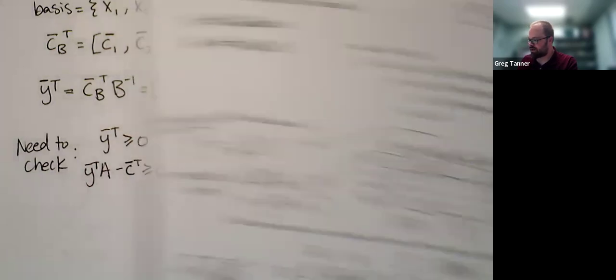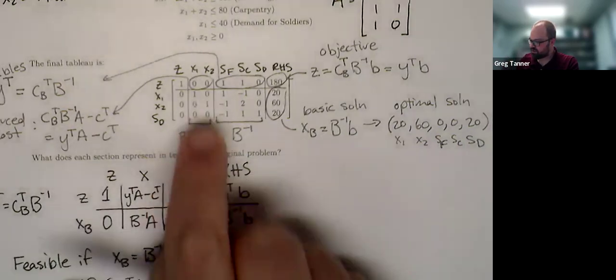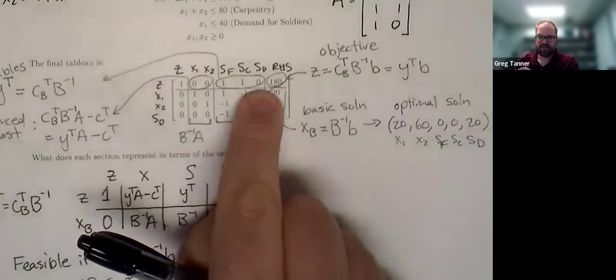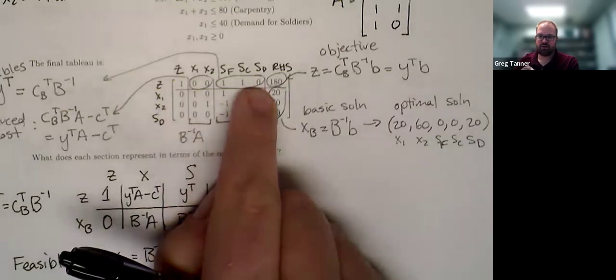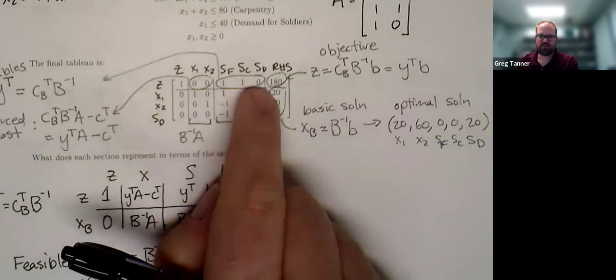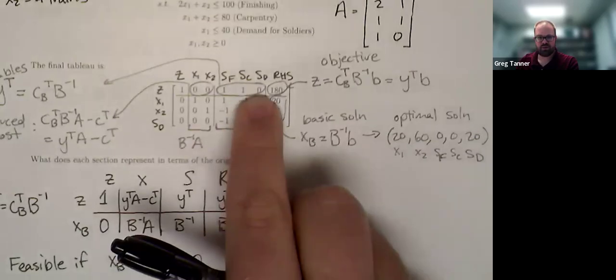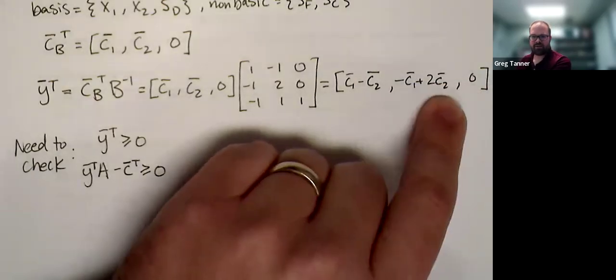Now, there is a nice thing about this in that we don't actually have to check all of them. We only have to check the ones corresponding to non-basic variables, because the ones corresponding to basic variables, if you do check them, are going to end up perfectly equal to 0. In this case, SD is a basic variable, and we already saw that no matter what we do to change C1 and C2, that third dual variable is locked in at 0 no matter what C1 and C2 are.